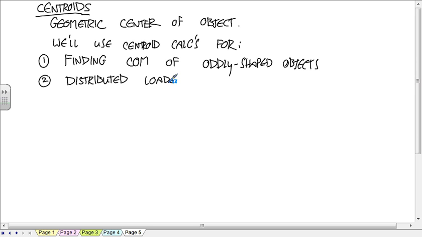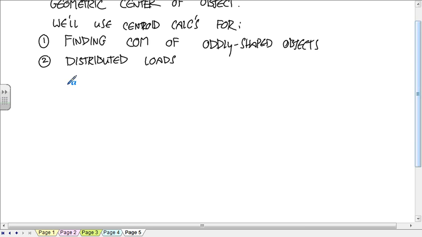And so I'll go into each of these things on its own after I talk about how to calculate the centroid. The centroid definition is an integral definition.